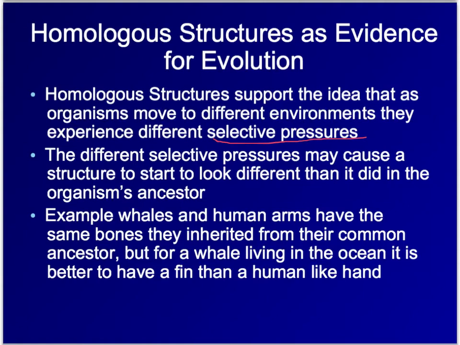Well, if different environments have different selective pressures, this might cause a structure to start to look different than it did from its ancestors. Example, if the ancestors of whales and humans moved on land but also in the sea, the organisms that moved into the more aquatic or water-like lifestyle would want their front limbs to develop more into the flipper or the fin of a whale.